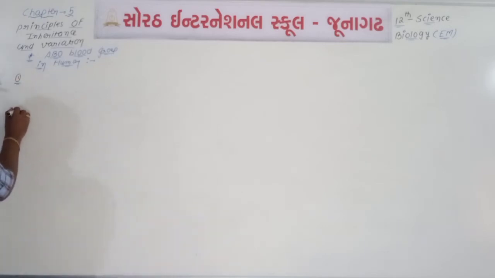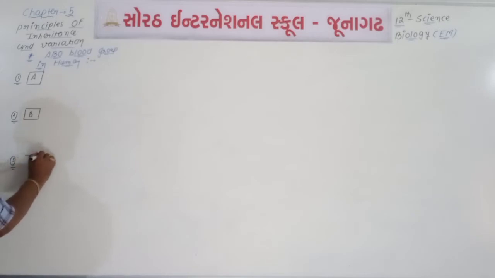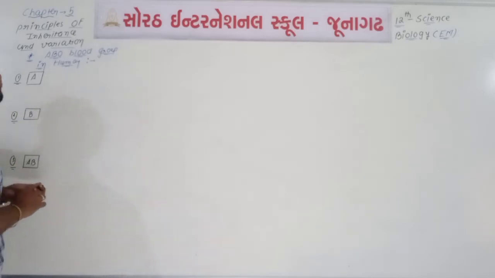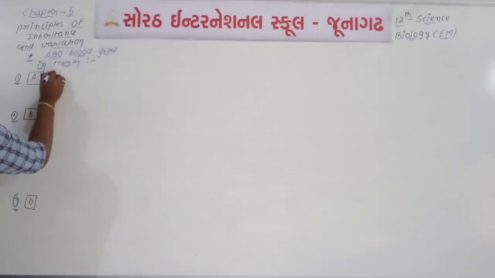First one, second one, number 3 and number 4. Blood group A, blood group B, blood group AB, and last one is blood group O, not blood group C. These all are blood groups, one type of phenotype characters. Now we are writing the genotype.